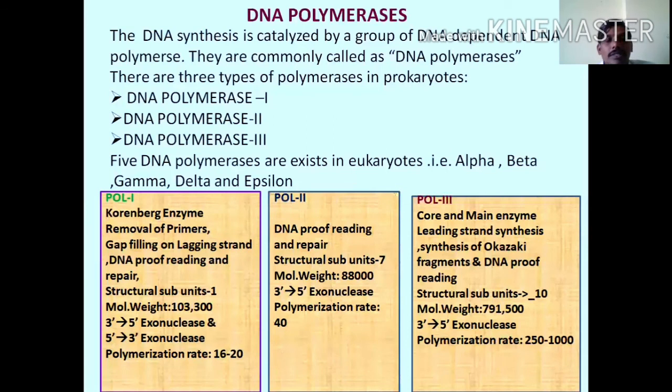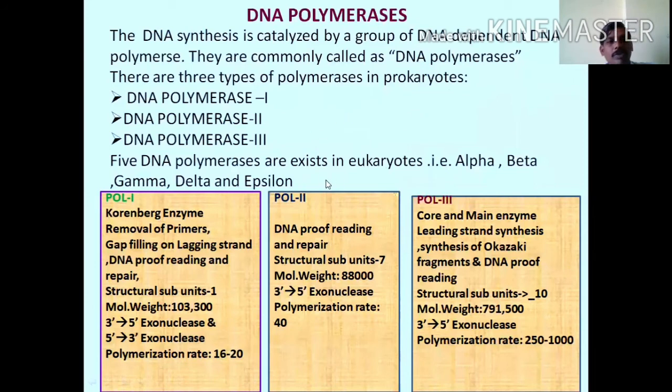Next, the crucial role in the replication process is played by DNA polymerases. DNA synthesis is catalyzed by a group of DNA-dependent DNA polymerases, commonly called DNA polymerases. There are three types of polymerases in prokaryotes: DNA polymerase 1, polymerase 2, and polymerase 3.